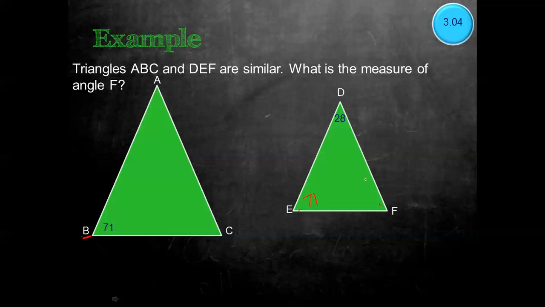So since our property states that a triangle adds up to 180, we want to add 71 plus 28, which is going to give us 99. And then we're going to take 180 and subtract 99 from it, and that's going to give us 81. So angle F is going to equal 81 degrees.